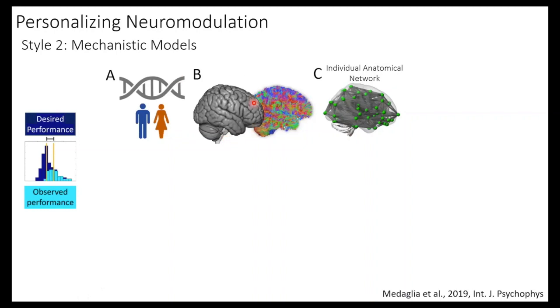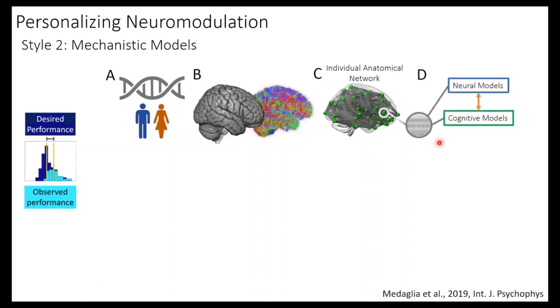And then we can say, well, we know something from cognitive neuroscience about how a cognitive model should work in this brain network, and how that relates to the neuroscience of that brain. This is what we'll call cognitive neuroscience in the context of network neuroscience.